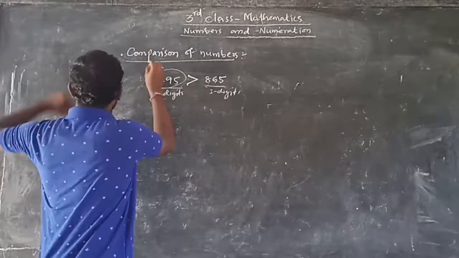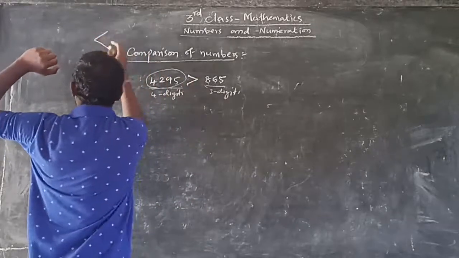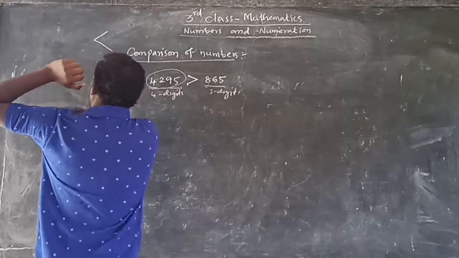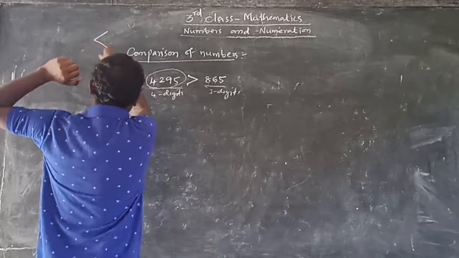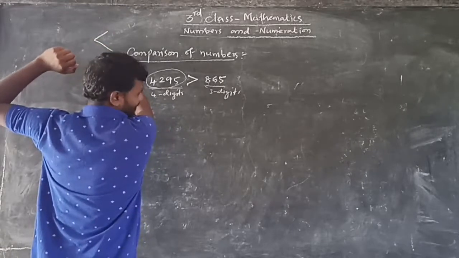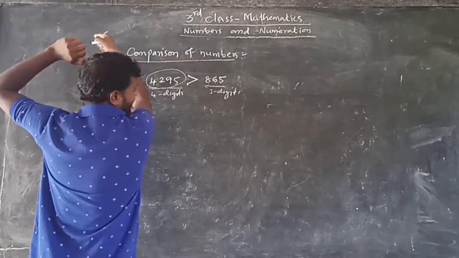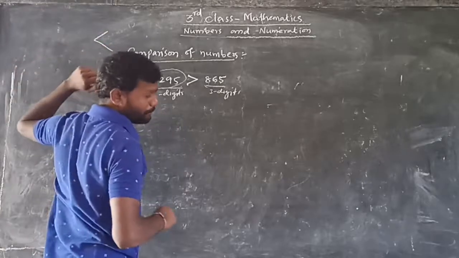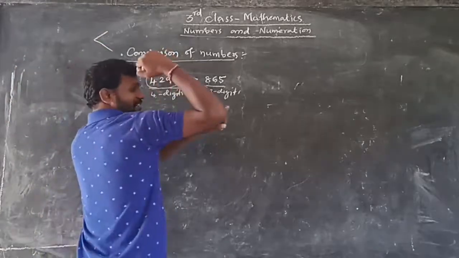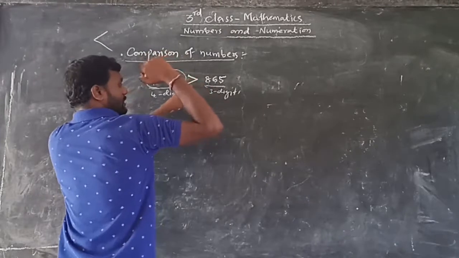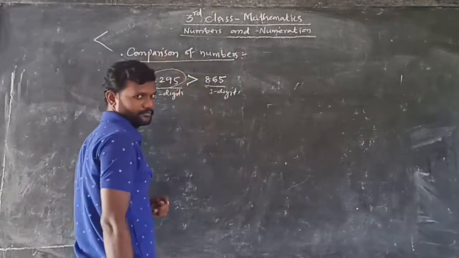Greater than. Okay, if you fold your left hand like this, you get this symbol. So this symbol is less than, left is less. And if you fold the right hand like this, you get this symbol. It is the greater than symbol.